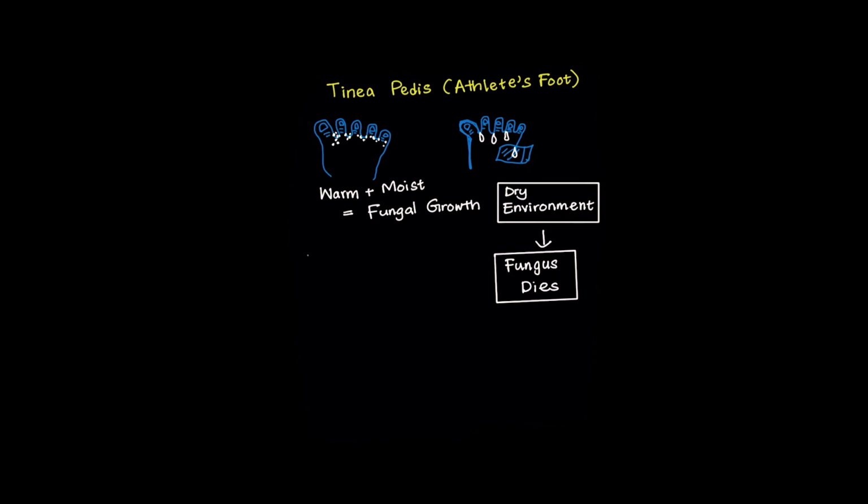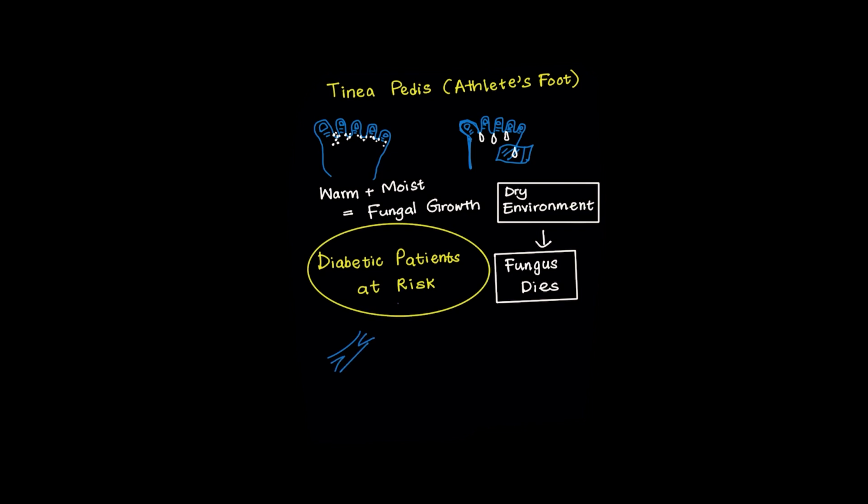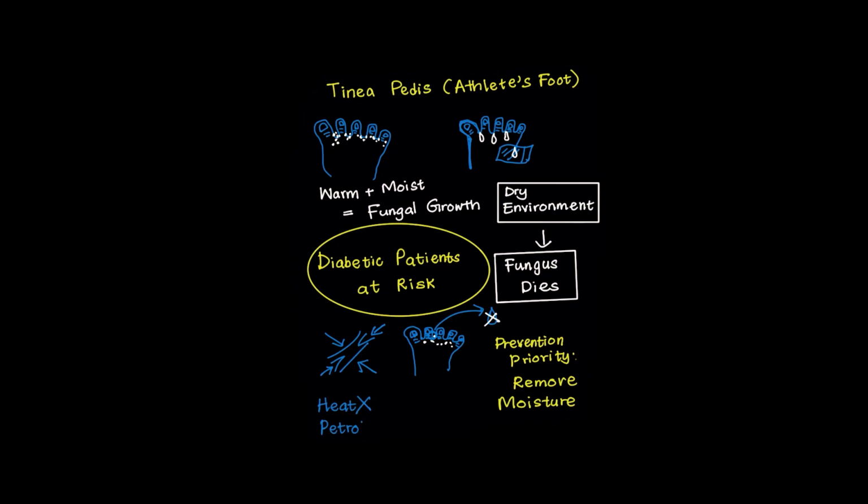This is particularly critical for diabetic patients who have reduced sensation and poor circulation, making them vulnerable to secondary infections. While antifungal medications treat the infection, preventing spread requires eliminating the moisture that fungi need to thrive. Heat, occlusive barriers like petroleum jelly and non-breathable materials all create the perfect fungal breeding ground.